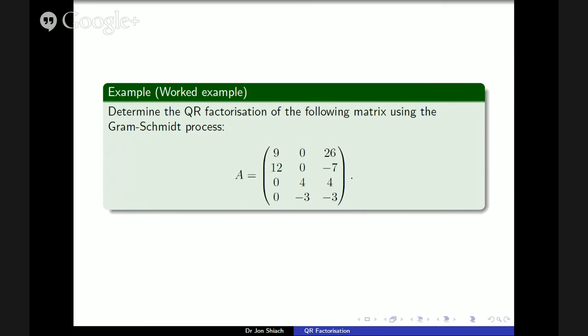Okay. So therefore R33 is simply the magnitude of U3. So it's the square root of 400 plus 225, which is the root of 625, which of course is 25.